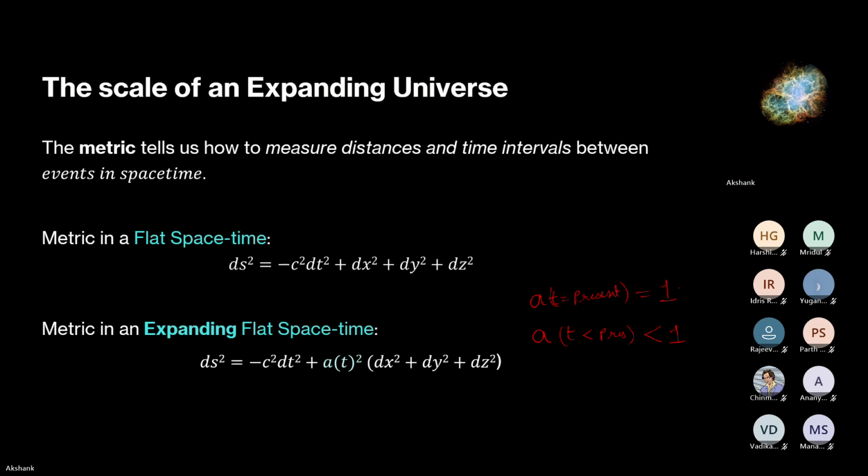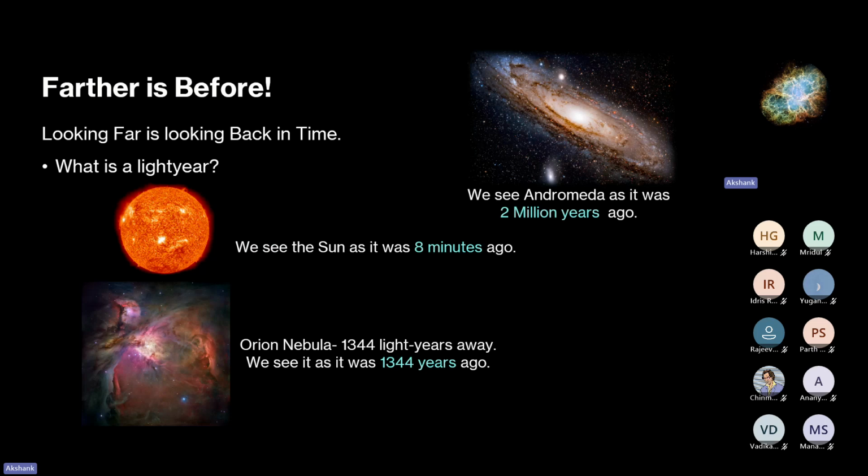Then we also discussed that looking far is also looking back in time. How? If you look at the sun, which is 8 light minutes away, you see light that was emitted 8 minutes ago. Similarly, the Orion Nebula is 1344 light years away, so we see it as it was 1344 years ago.